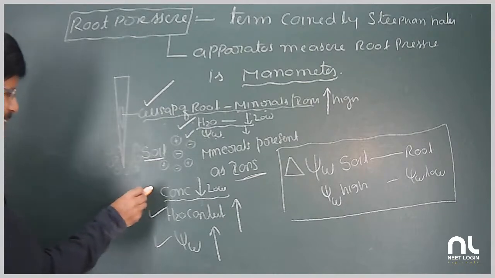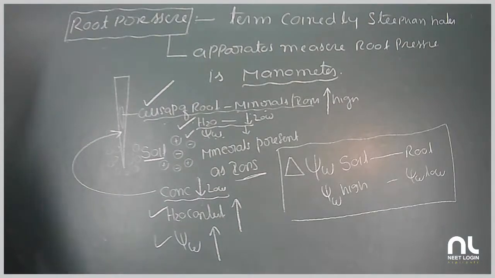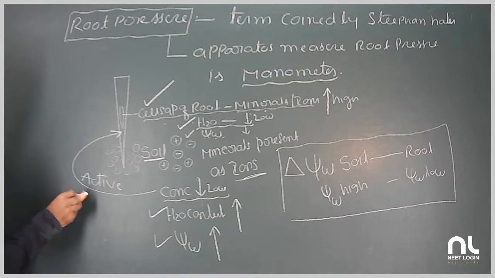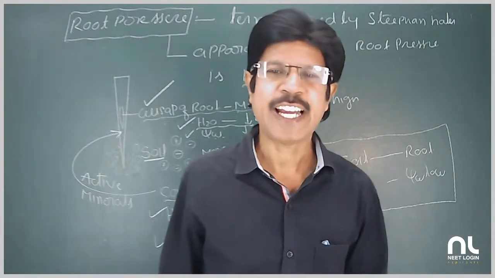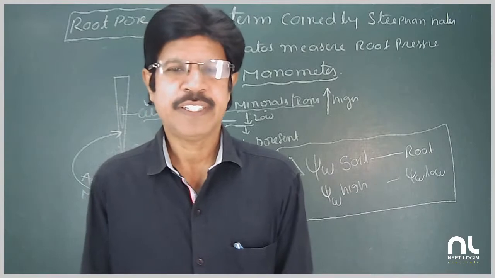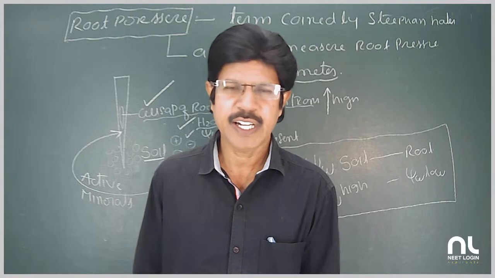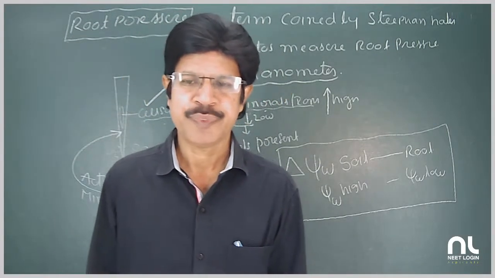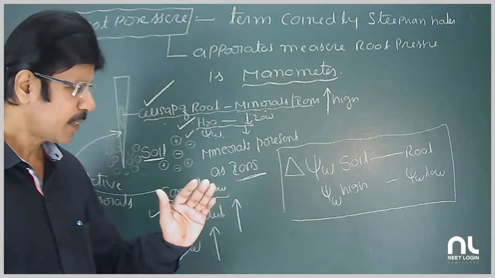So minerals from soil enter into the root by the active method. Why active? Because minerals are present as charged particles in soil at a low concentration compared to the cell sap of the root, so their entry into the root is from low to high concentration.